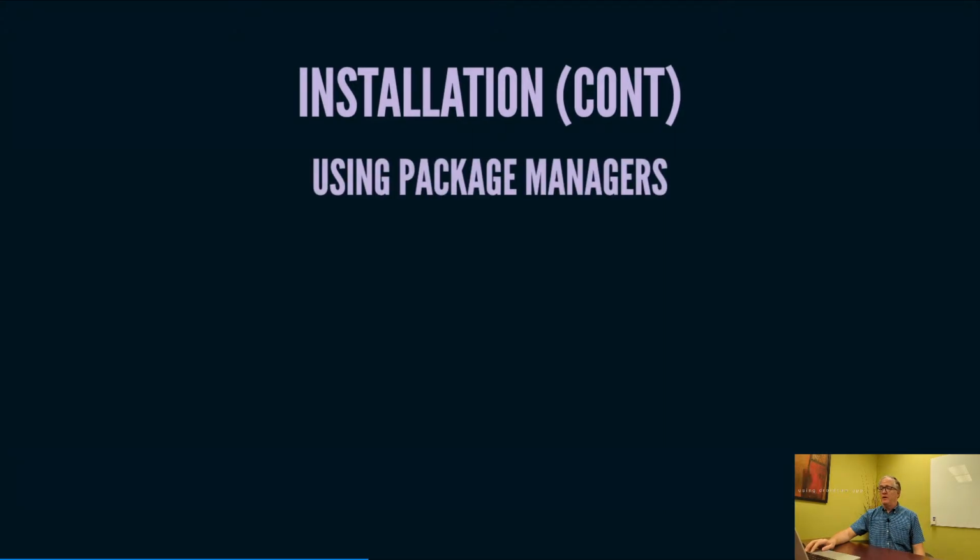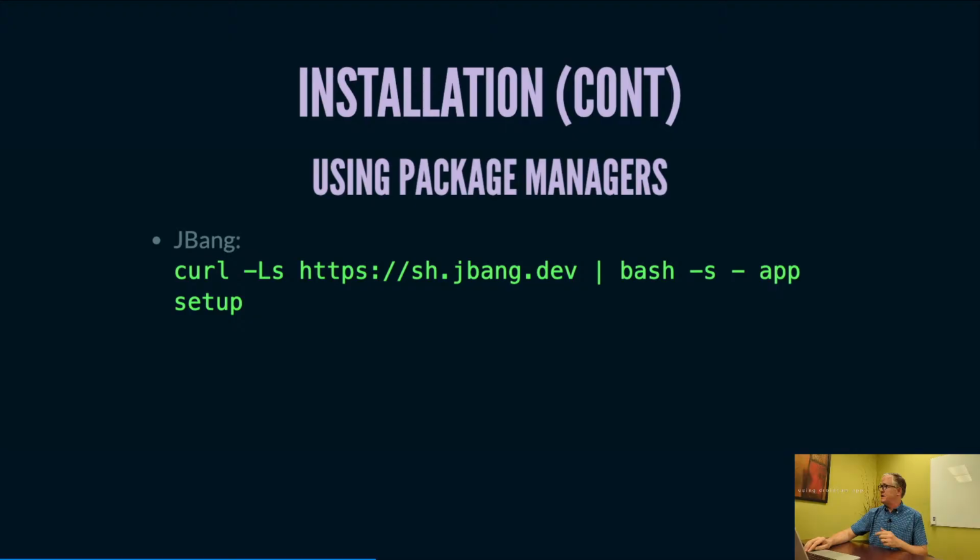So I prefer using a package manager, and here's where your options kind of come out of the woodwork. You can actually use JBang itself to install it. And if you've installed SDKMAN or Homebrew, you're kind of familiar with this, where you download a shell script off the internet and pass it through bash, and then it does stuff. And that works, and I can assure you it's safe to do, generally speaking.